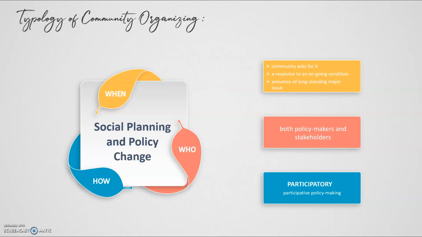Now, example, in today's pandemic, di ba, madami nang mga policies that have been implemented already. Before these policies are created, nagkaroon muna ng consultation ang IATF. The IATF consulted epidemiologists, doctors, public health workers. So together, nagkaroon sila ng brainstorming and then they were able to create the certain policy.